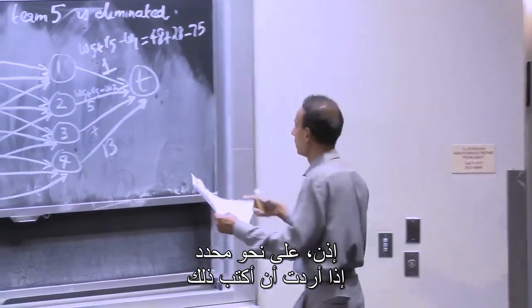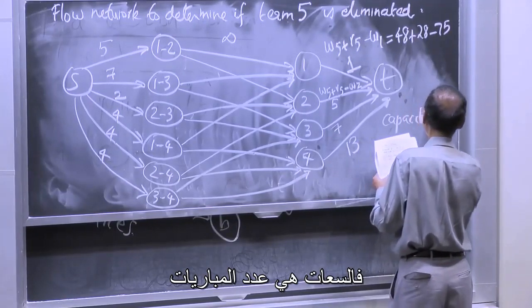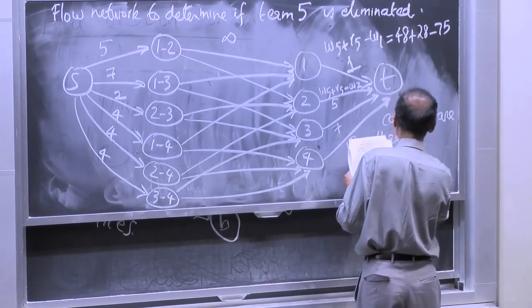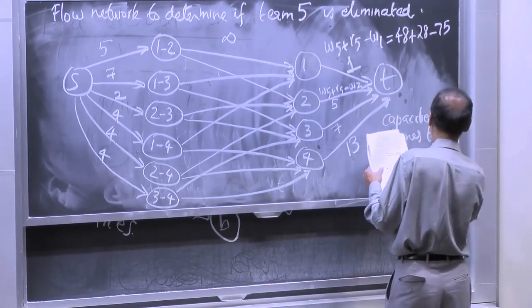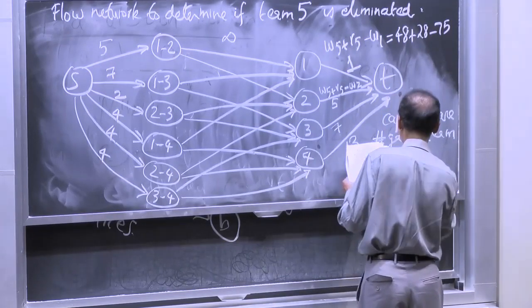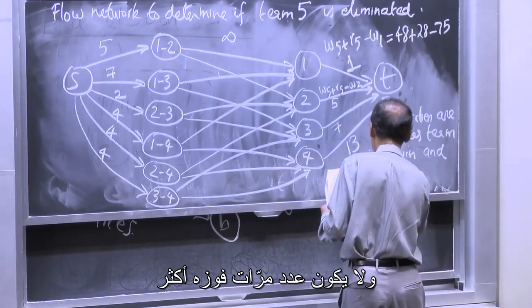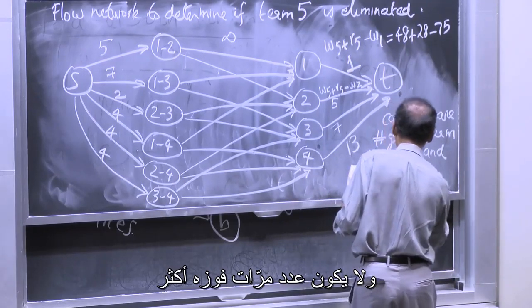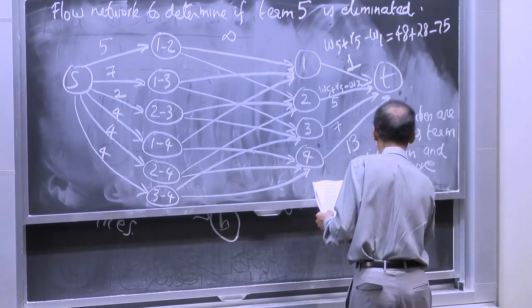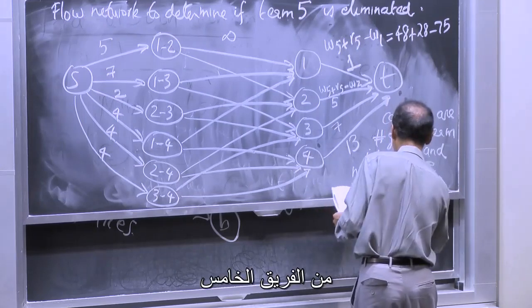So in particular, the capacities are the number of games team I can win and not have more wins than team 5.